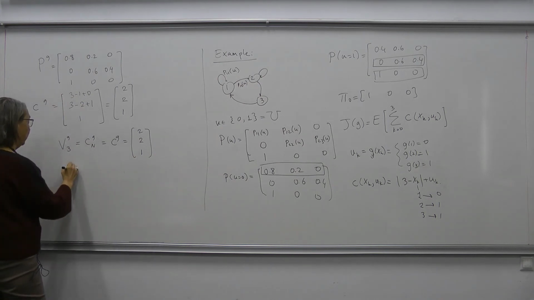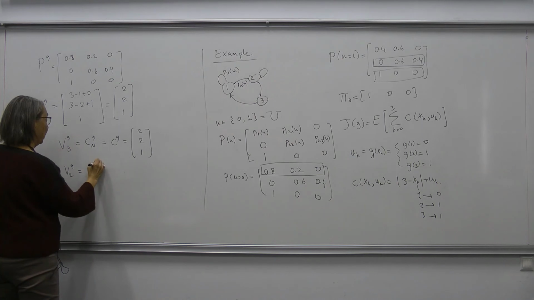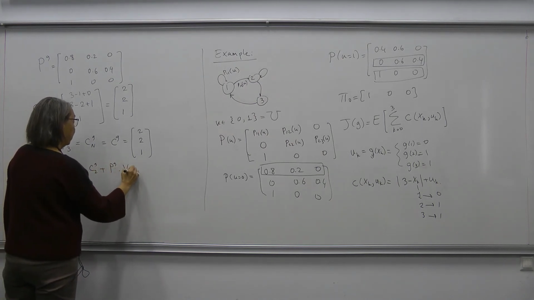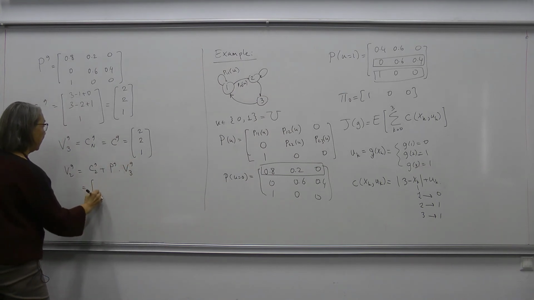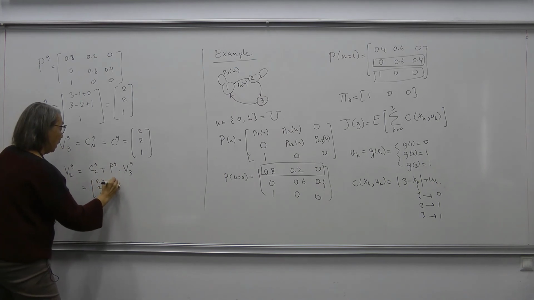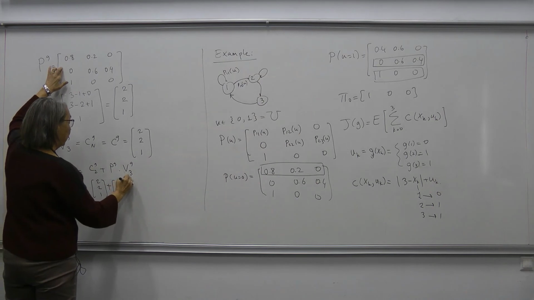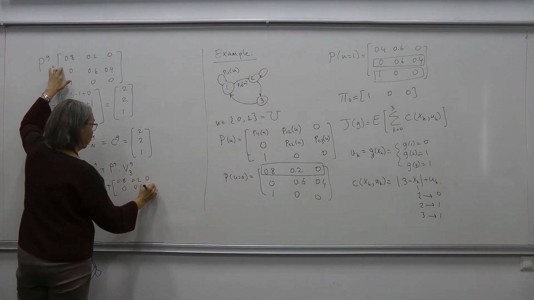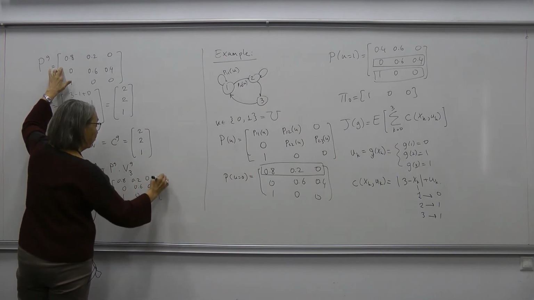We can obtain V2G, that is equal to C2G plus PG multiplied by V3G. In other words, this is again 2, 2, 1, plus our PG matrix, which is written here, 0.8, 0.2, 0, 0, 0.6, 0.4, and 1, 0, 0, multiplied by 2, 2, 1.